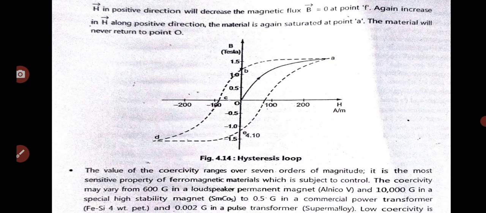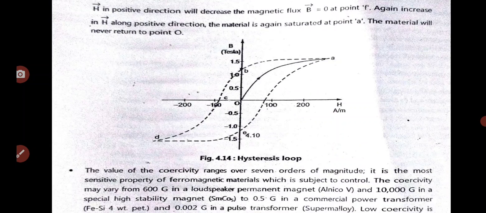So we have to see that when the magnetic field strength value H is negative, the flux of the material becomes 0, and this value comes along the path shown from B to C, on the axis where the field strength value H is 0 and negative.